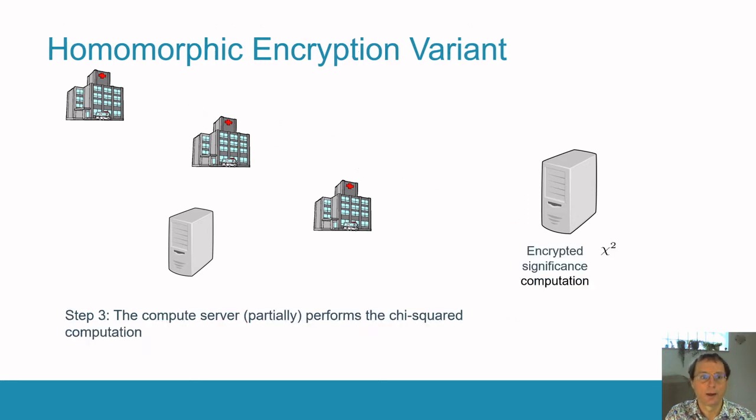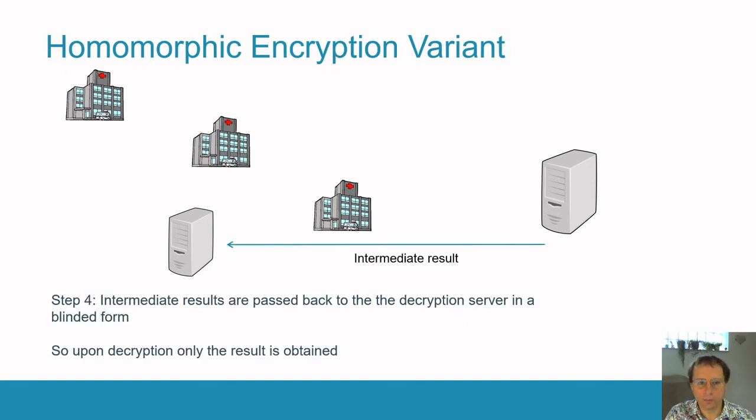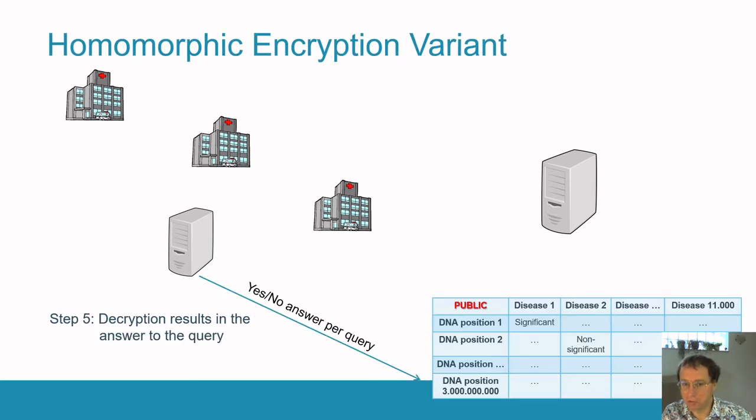Now the compute server is going to do the significance computation, which is simply a chi-squared test. This is not a very complicated thing, it's just a bit of operation, not very much. Then the encrypted result goes back to the decryption server, and they decrypt and get the evaluation.